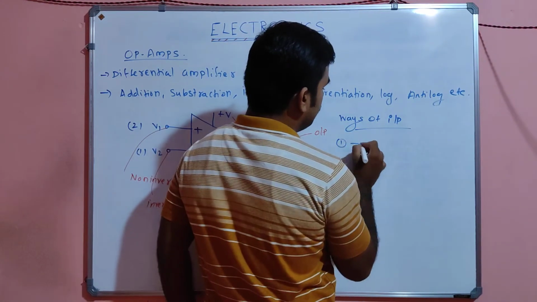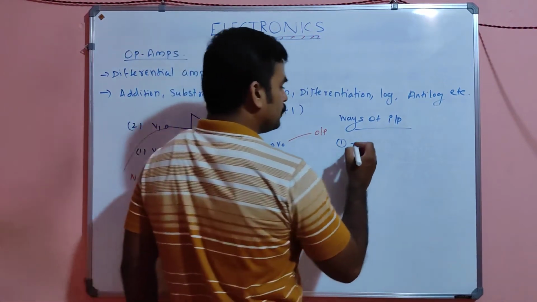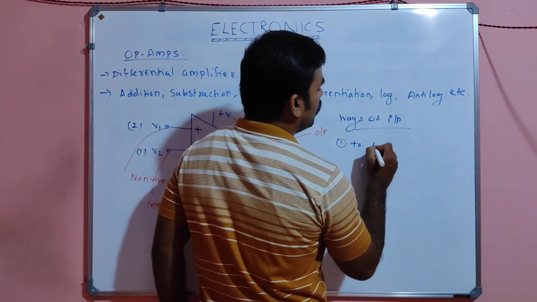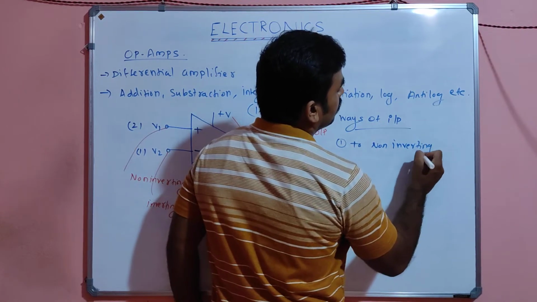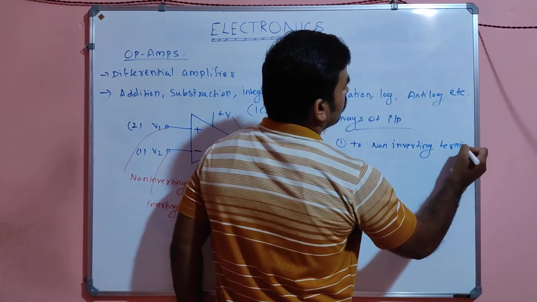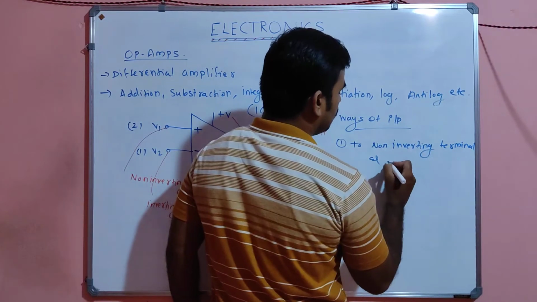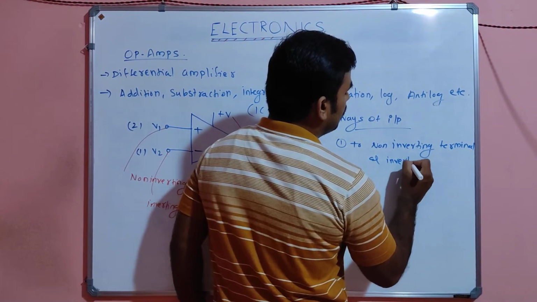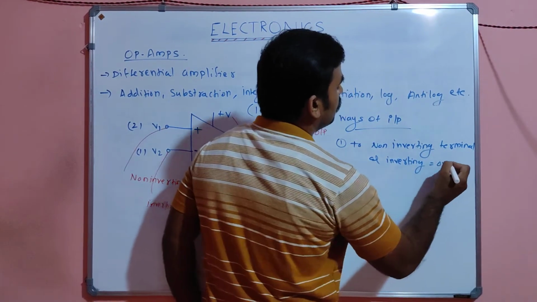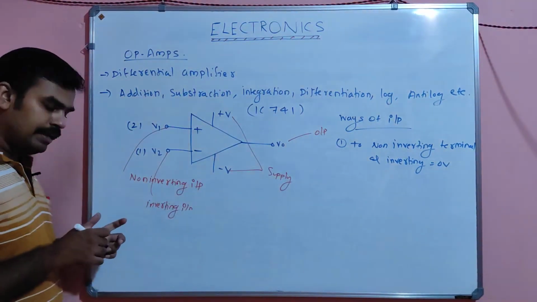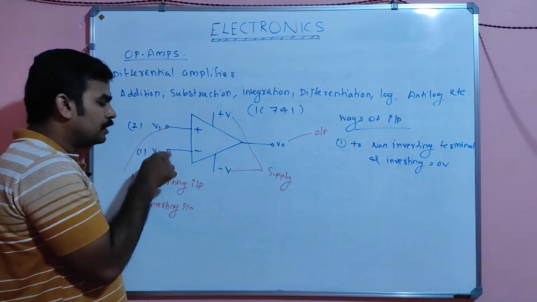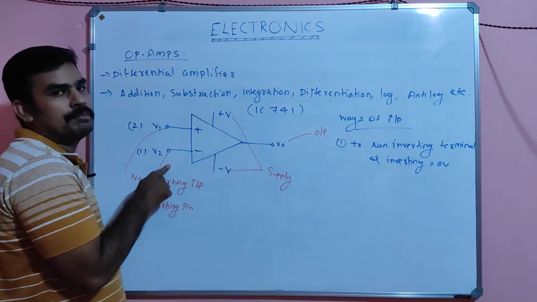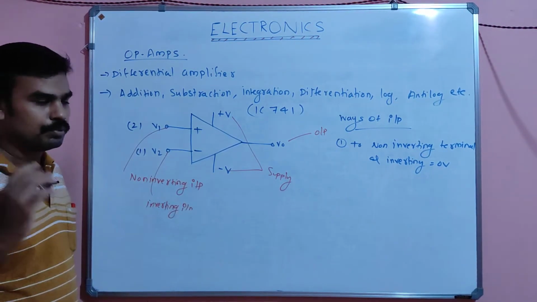So first one, we can give input to the non-inverting terminal and inverting terminal equal to 0 volt. You can give an input to the non-inverting terminal and you can ground the inverting terminal. That is one way of connecting the input.